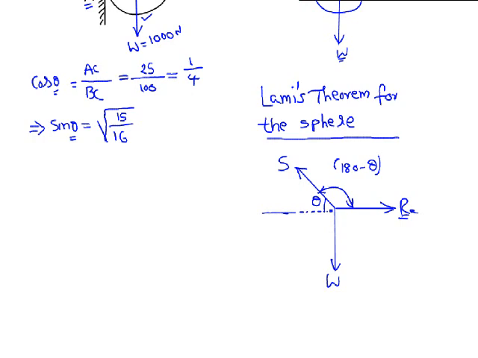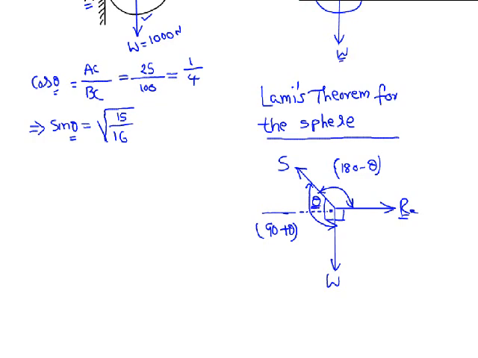Between RA and W it is 90 degrees, and between S and W, which is this angle, we can show it as 90 plus theta.